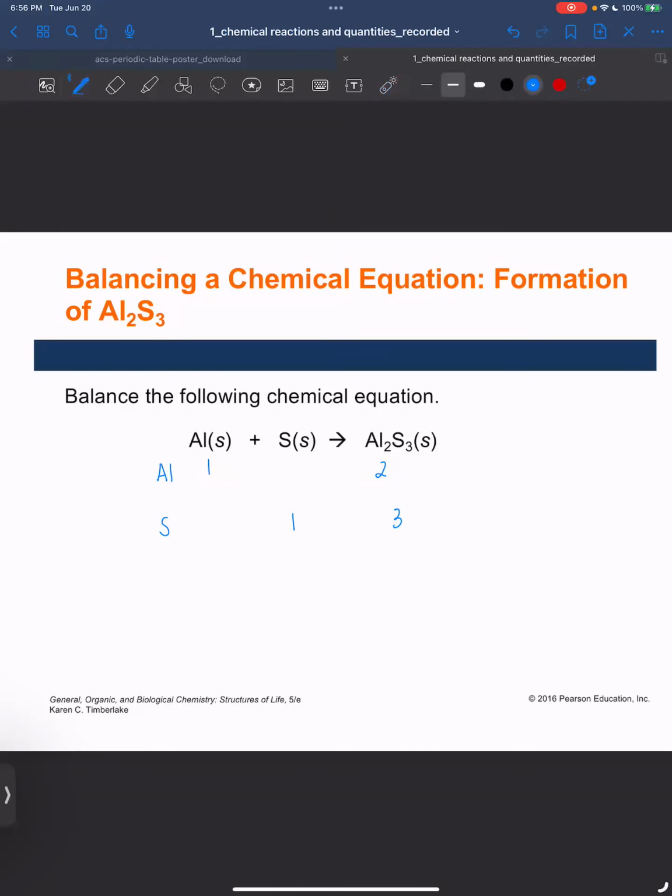So I'm going to put a 2 in front of this aluminum. This is the coefficient that I was referring to in the guidelines. You'll hear me refer to it as the stoichiometric coefficient later on as we talk about stoichiometry together. But for right now, we will just call it the coefficient. By putting that 2 out front, I now have 2 aluminum atoms and the aluminum is balanced.